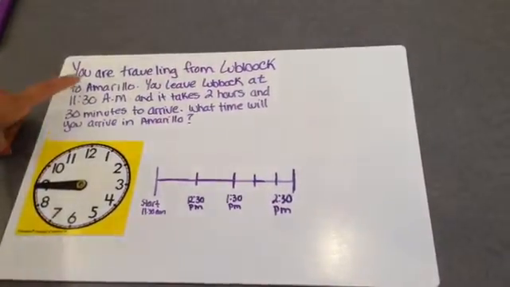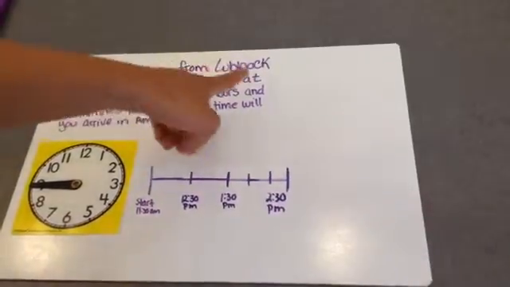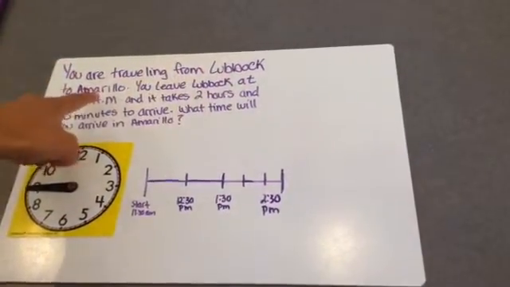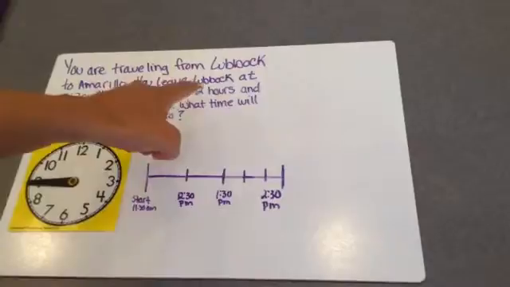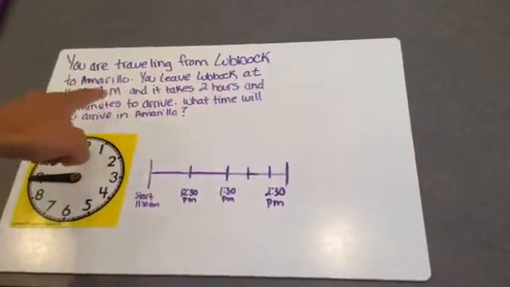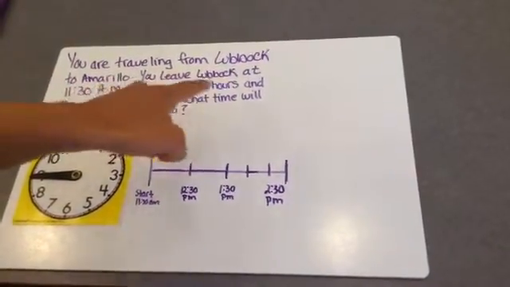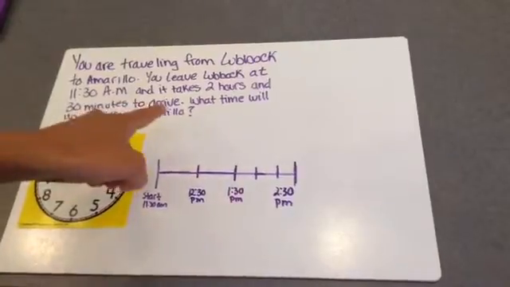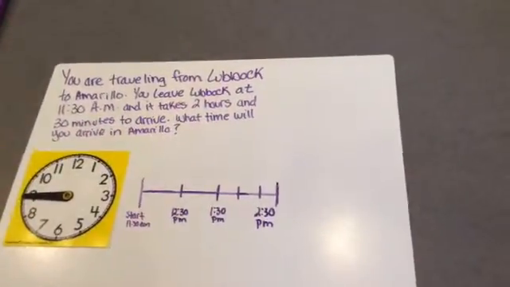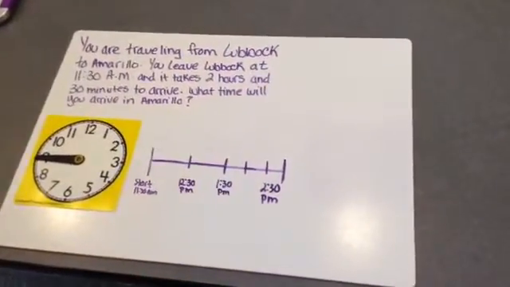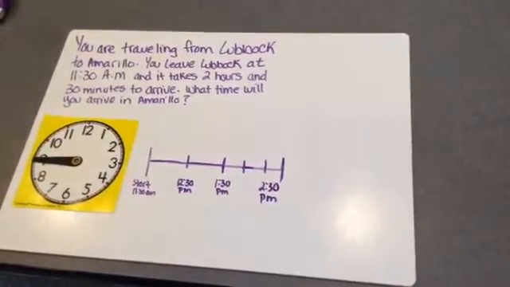So let's take a look at our word problem. It says, you are traveling from Lubbock to Amarillo. You leave Lubbock at 11:30 a.m. and it takes 2 hours and 30 minutes to arrive. What time will you arrive in Amarillo? So let's look at our problem here.